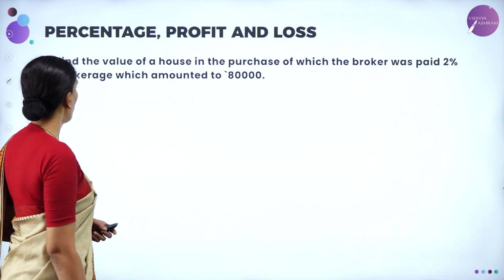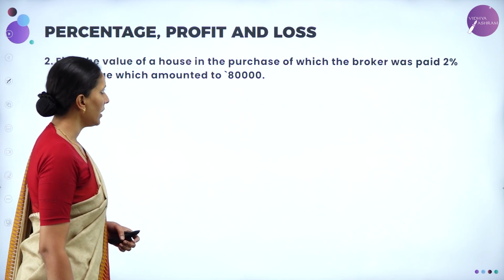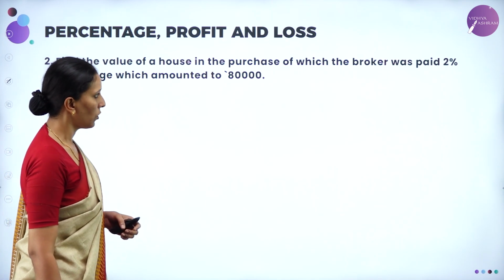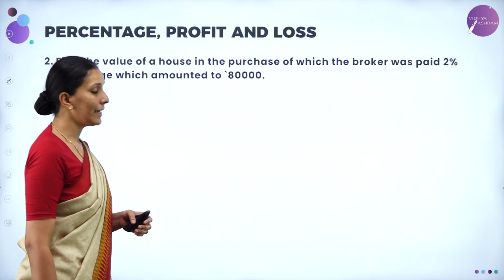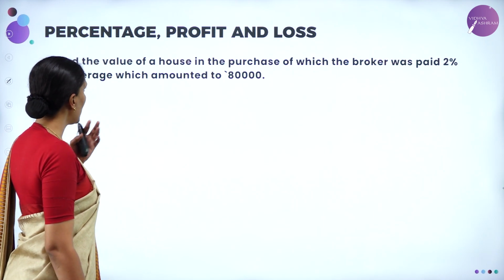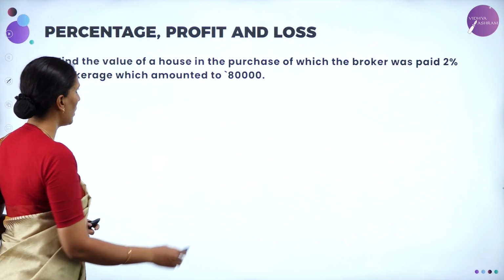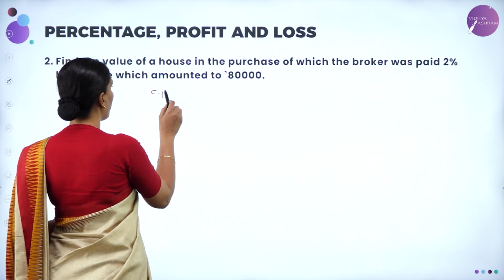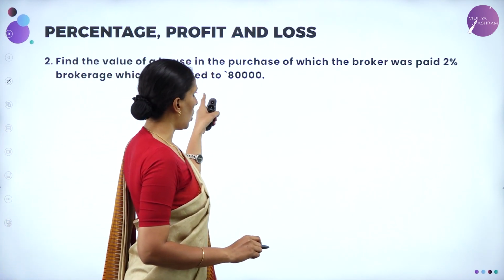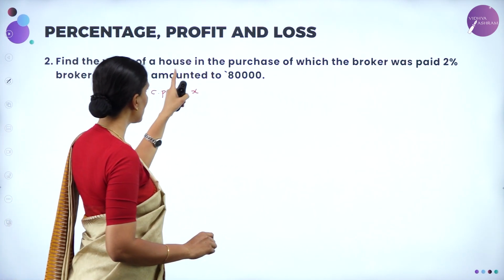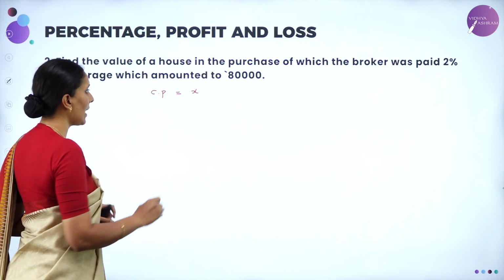Next question. Find the value of a house in the purchase of which the broker was paid 2% brokerage, which amounted to 80,000. We don't know the cost price of the house, so let the cost price of that house be X. Among the total cost, 2% of it is paid to the broker, that is 80,000.